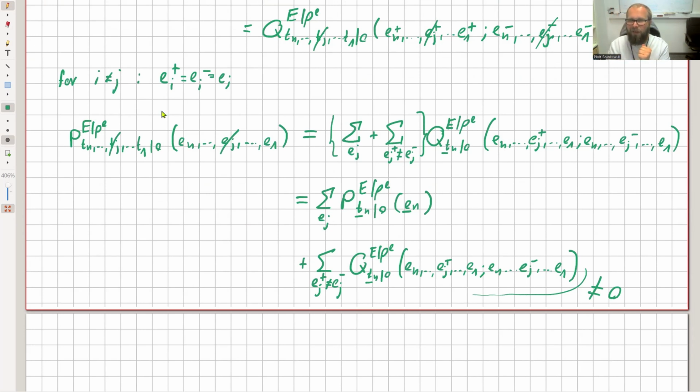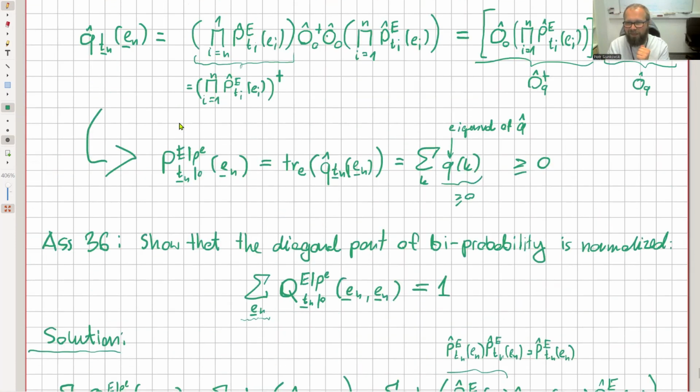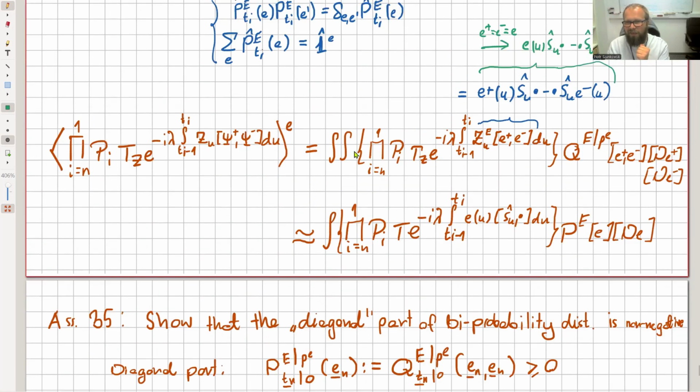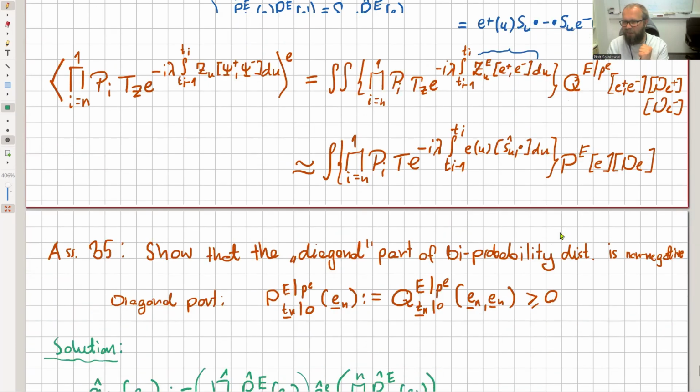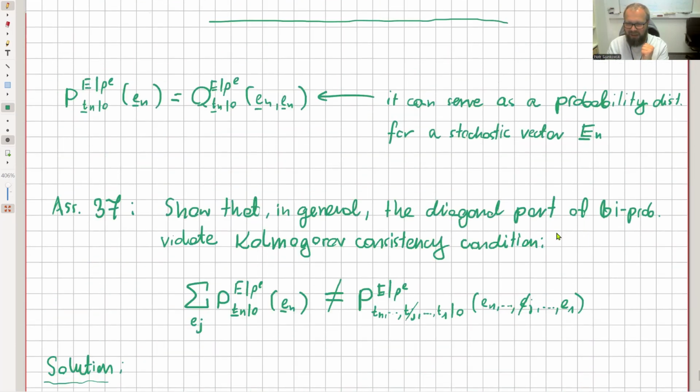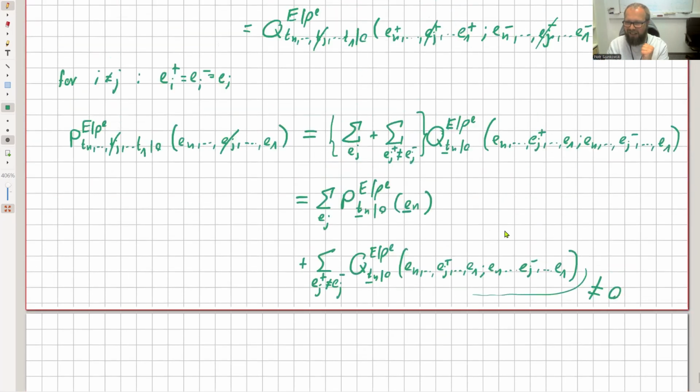Therefore, let's go back here. If we want to make a bi-trajectory distribution indistinguishable from averaging over a stochastic process, the thing we have to take care of is this bothersome guy, right?